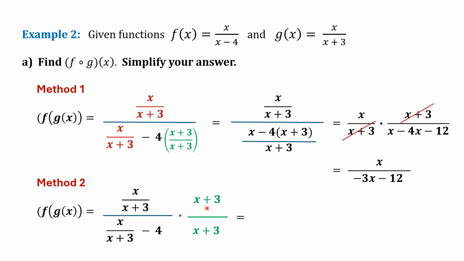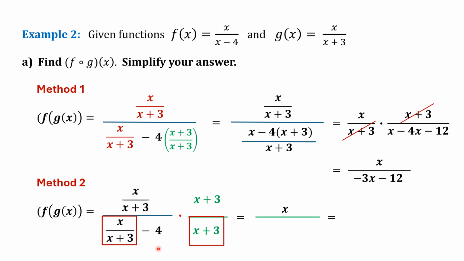So let us see the difference between them. If I multiply this x plus 3 in the numerator, this x plus 3 will cancel out, and the answer in the numerator is only x. Then if I multiply this x plus 3 in both of these, let us start first by multiplying x plus 3 in the first fraction.